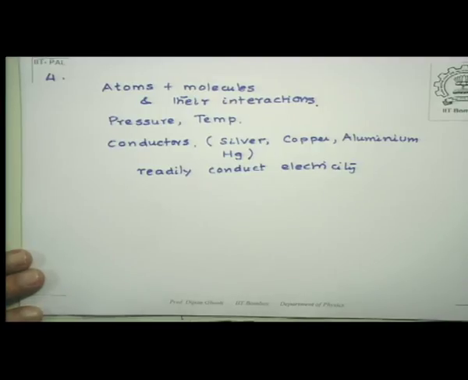So the reason it happens is that the atoms in a conductor have the ability to very easily give up, and when I say very easily, it means with very little cost of energy, one or more valence electrons. And then these valence electrons, which are contributed by the atoms which comprise that solid, they all belong to the material as a whole and not to that particular atom to which it belonged.